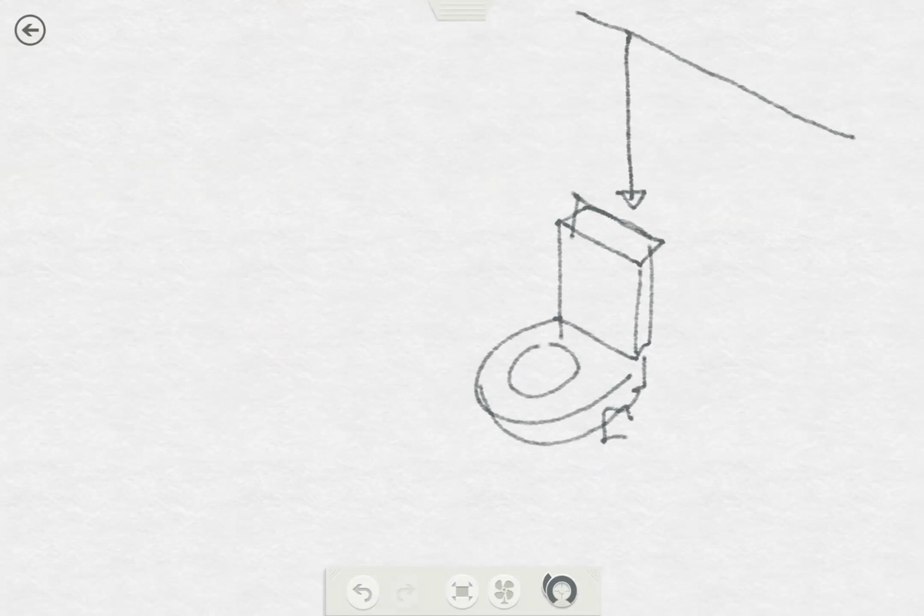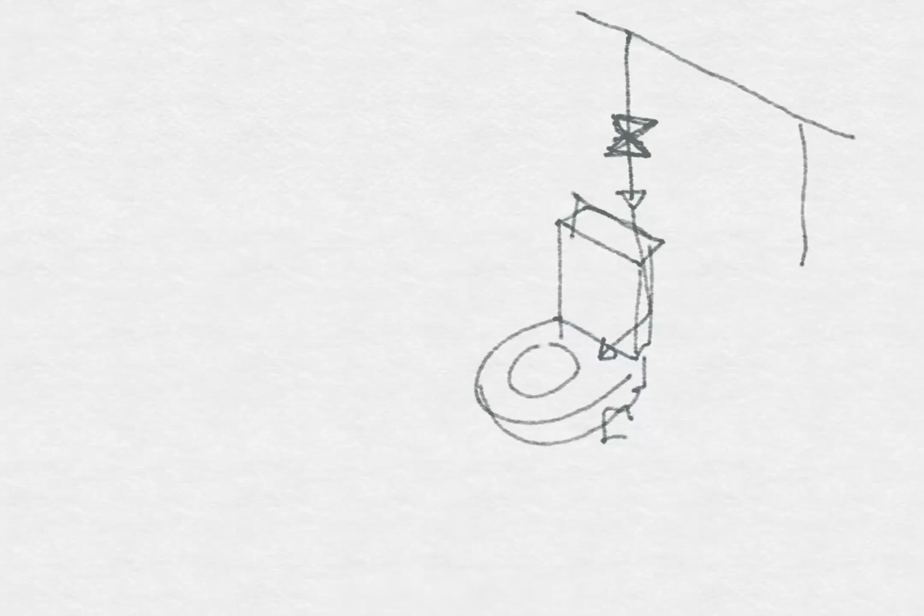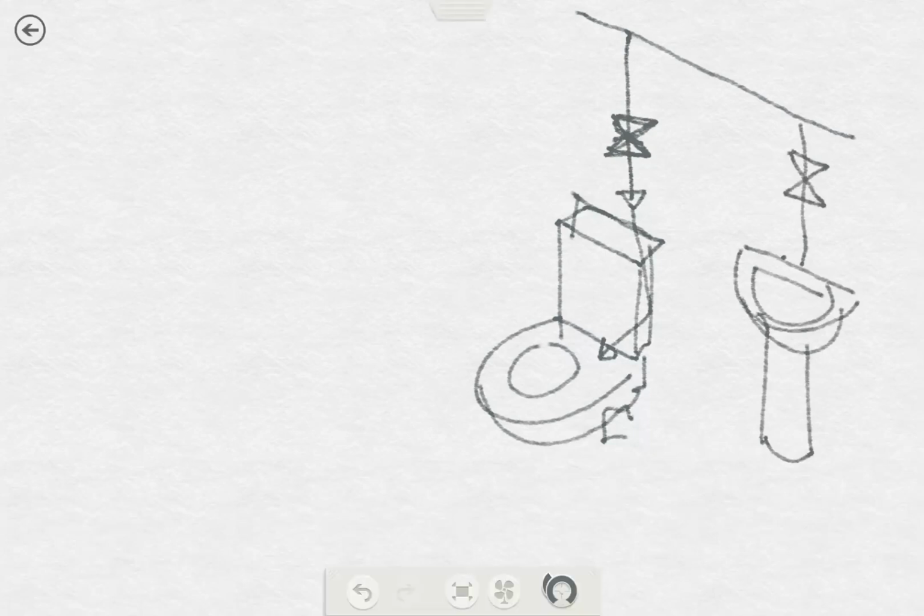So before entering the toilet itself, we have another valve here, so that if we have a problem with this toilet, we just cut off this valve, and then we can replace the toilet, and then we can open this valve again. If we are working with the toilet, then with the sink, every single element has a cut-off valve here. So if we have to remove this, we can do it without affecting the others.